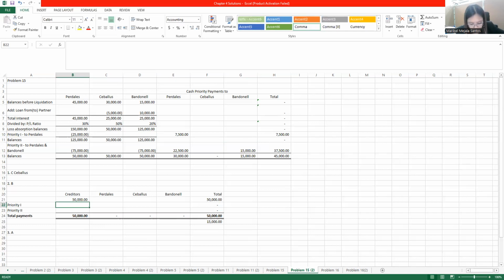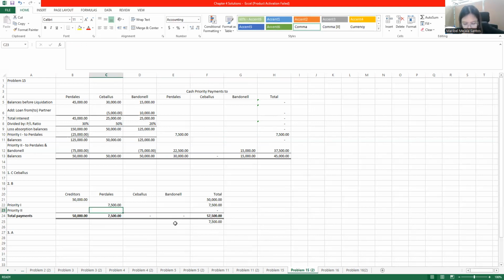Now, first priority, of course, kay creditor yon 50,000. So, 65,000 minus 50,000, may natira pang 15,000. Let's move on to first priority. Sabi niya, ang first priority, bayaran daw natin ng 7.5 si P per table. Now, may natira pang 7.5.